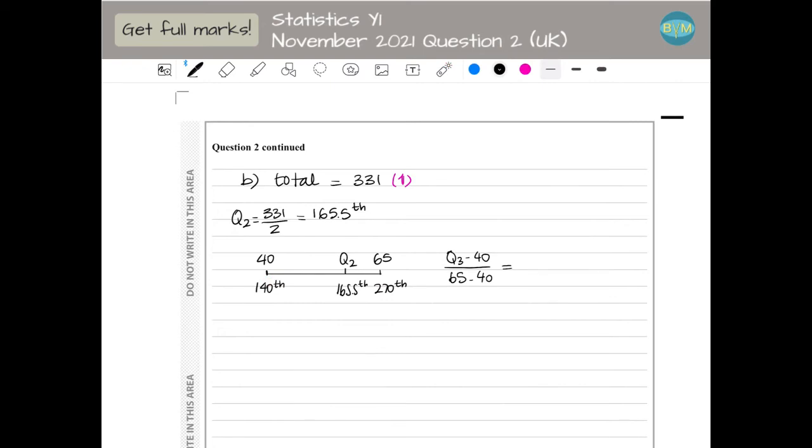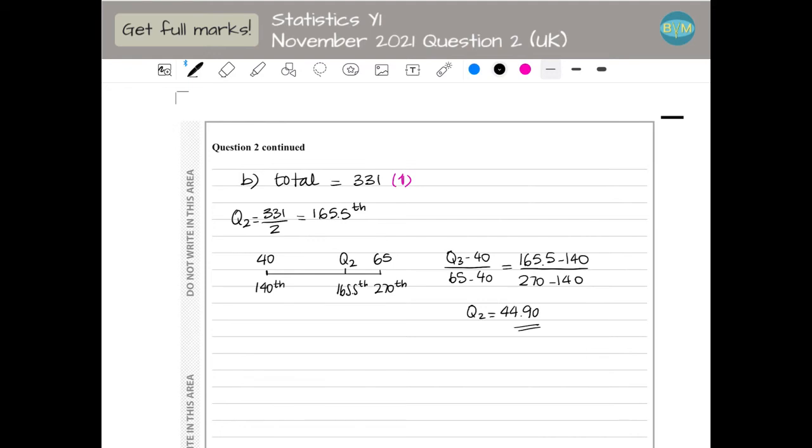So I have 165.5 minus 140, over 270 minus 140. You find this with the calculator, you multiply by 25 and add the 40, and then you get Q2, which is 44.903 something.